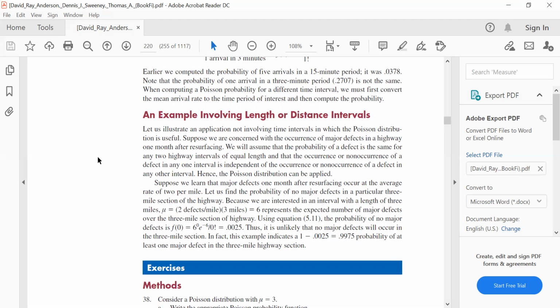Suppose we learn that major defects 1 month after resurfacing occur at an average rate of 2 per mile. Let us find the probability of no major defects in a particular 3 mile section of the highway.